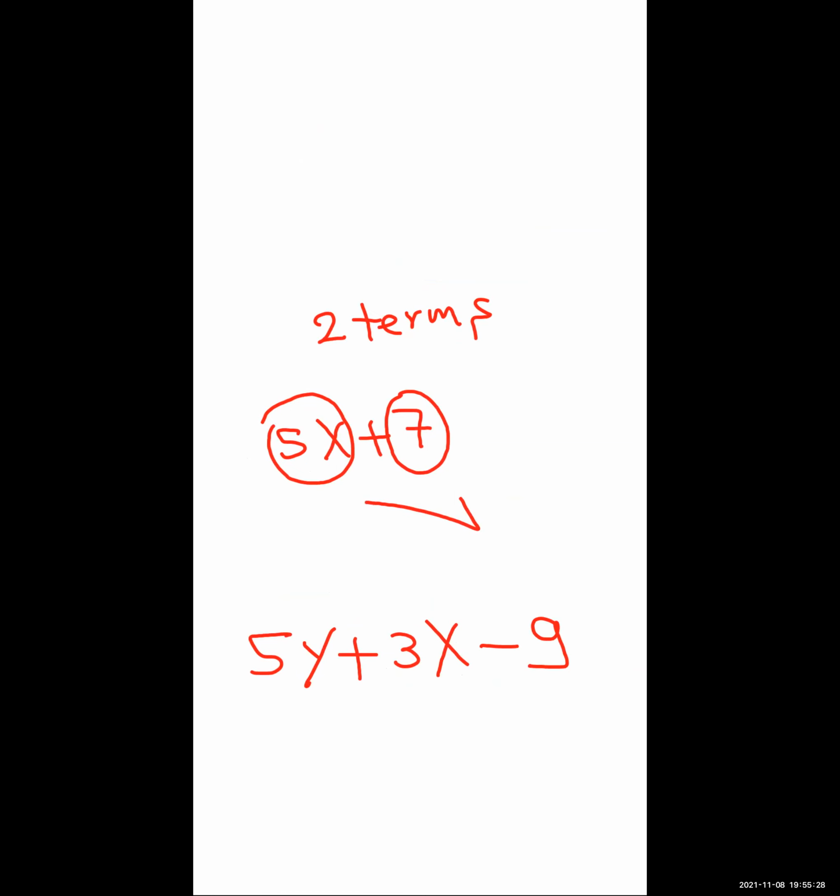How many terms? Three terms. How did I know? Okay, because here we said that the terms are separated by plus or minus. So here plus and minus. So this is the first, second, third. So three terms, right?